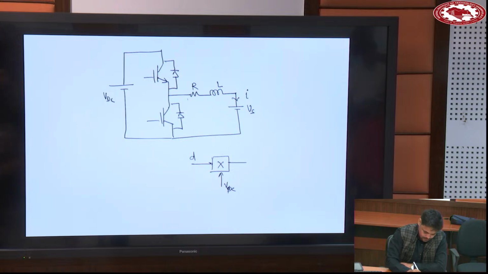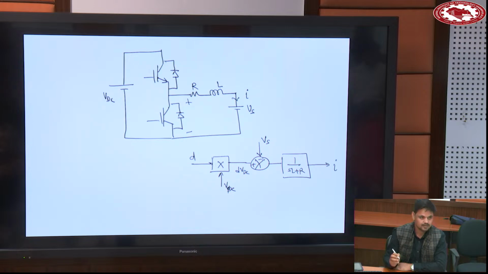So here it will be dVDC, then minus Vs, and this is what the current is. So by controlling D you can control I. This is the control model shown in the morning lecture.